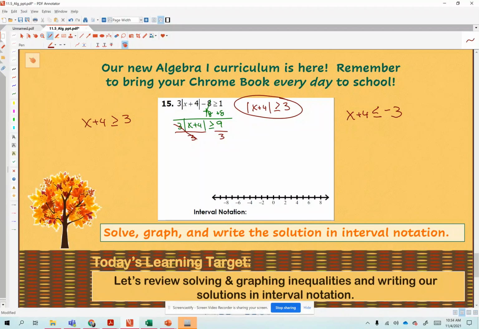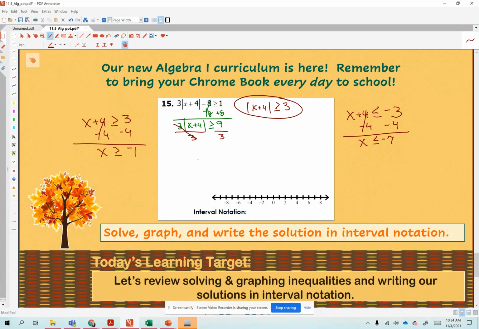Now I will subtract 4 from each side of the first inequality, which gives me x is greater than or equal to -1. On the right side, subtract 4 from each side, which gives me x is less than or equal to -7.